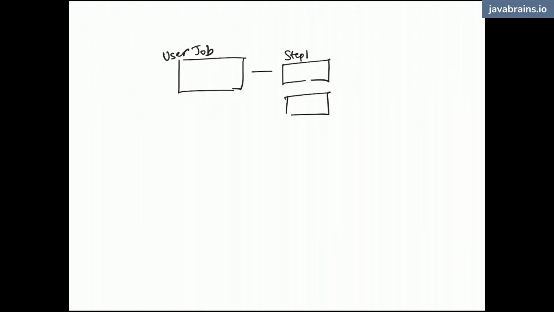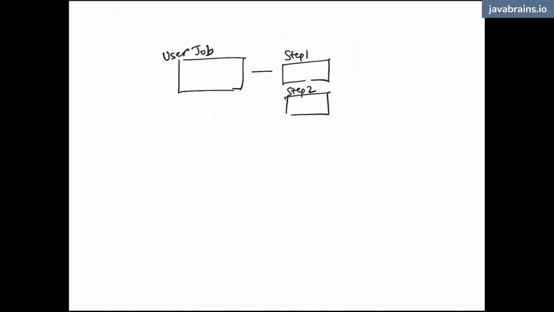Basically, you set up a job, which is a thing. It's called a user job, which you set up with Spring Batch, and each user job is made up of a bunch of steps: step 1, step 2, and so on. A job is made up of steps, and each step is made up of 3 phases.